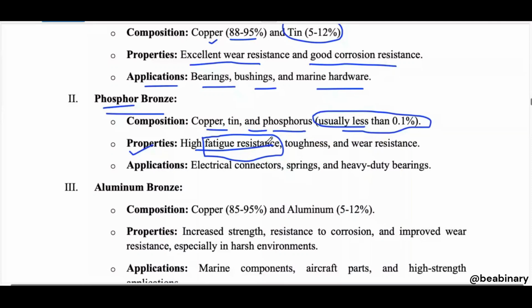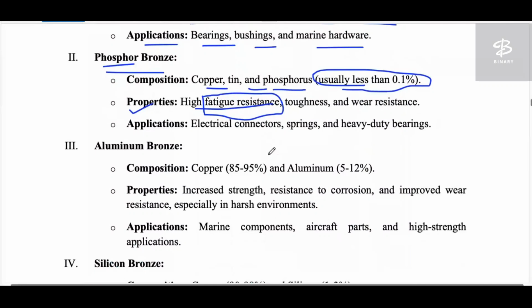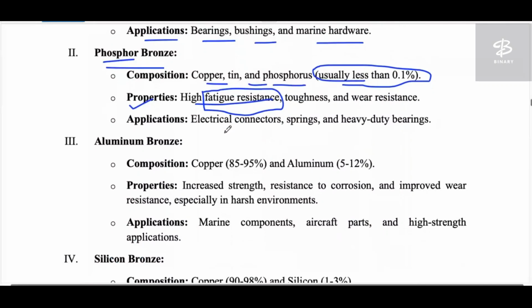Suppose it was supposed to run for 1 year, and now it runs for 1.5 or 2 years. That means you have increased the life, but after a certain time it will end. That is sure, for everything. But if we increase the life, we are improving performance for more time. The applications are electrical connectors, springs, and heavy duty bearings.